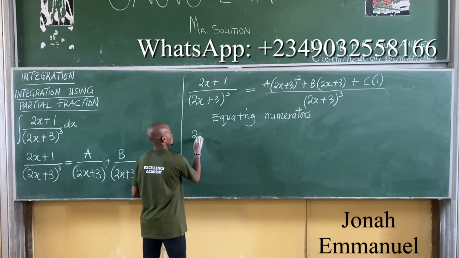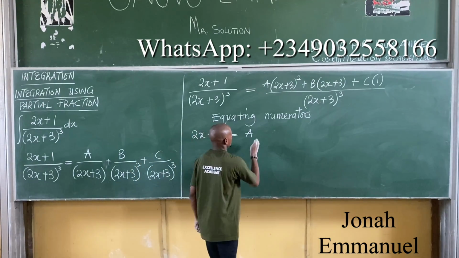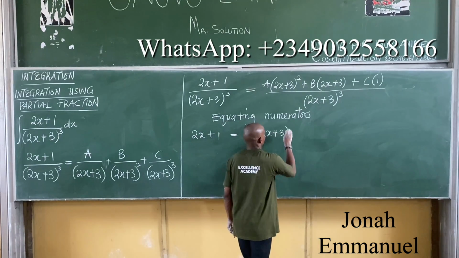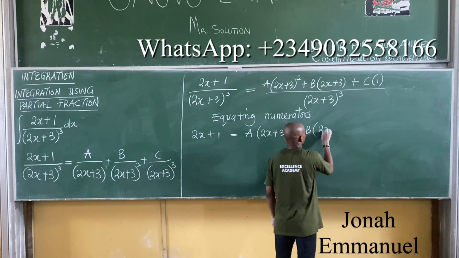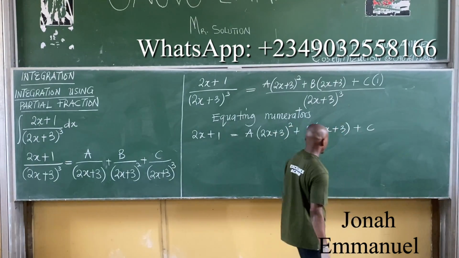You have 2x plus 1 is equal to A into 2x plus 3 squared plus B into 2x plus 3 plus C times 1, which is C.